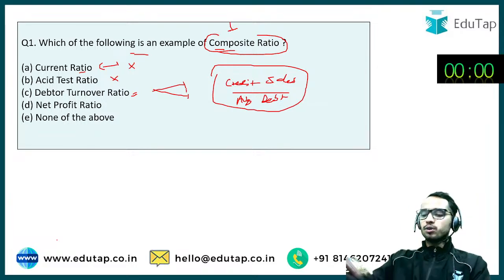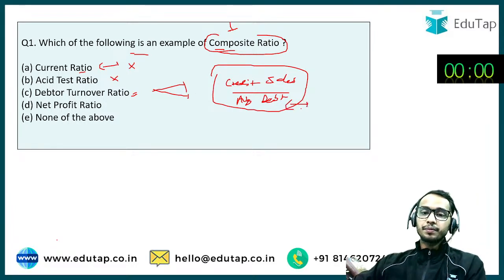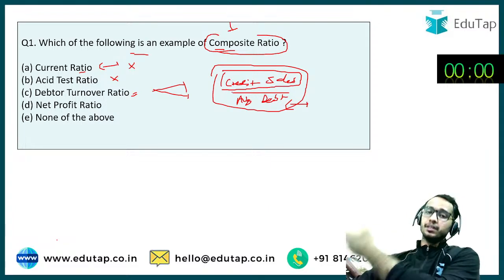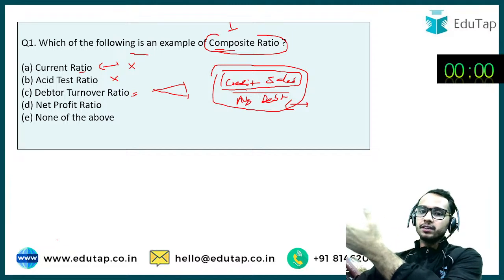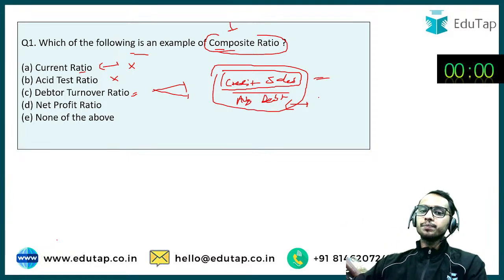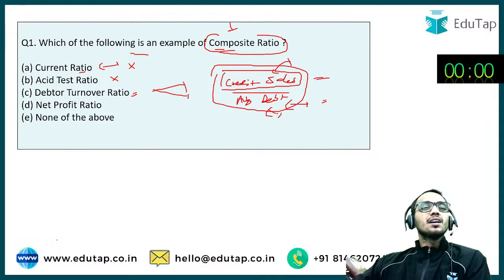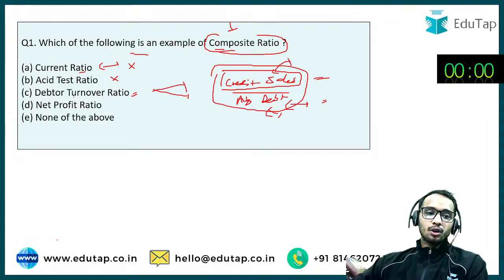So in the denominator you take average debtors, and in the numerator whatever credit sales you have done in a particular period, they all become your debtors, right? So credit sales divided by average debtors. Credit sales are taken from the P&L account and average debtors are taken from the balance sheet. So this is your composite ratio.